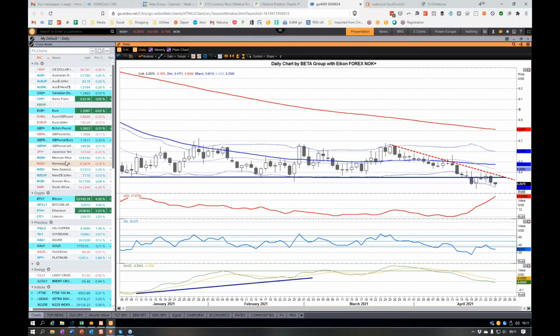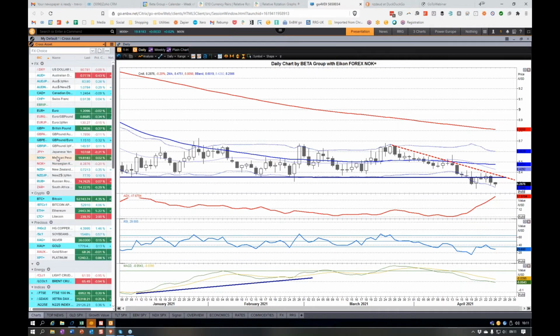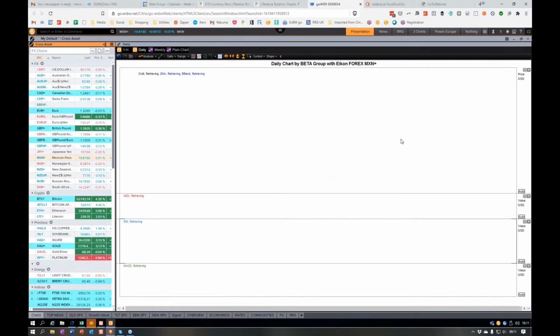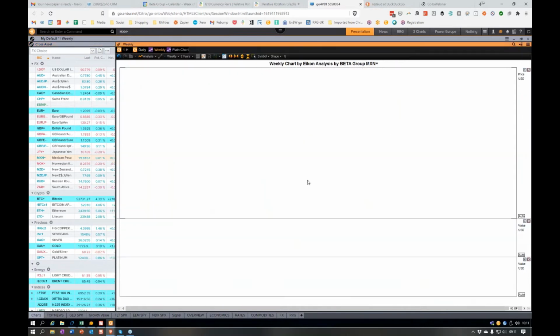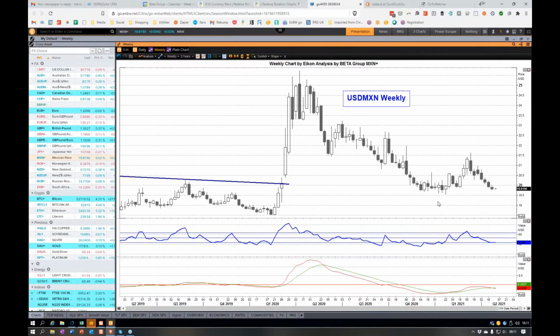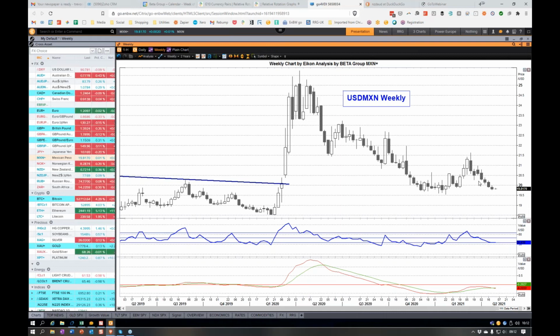So let's go now to the Mexican peso. Of course, the Mexican peso wasn't on my G10 RRG chart because it's not a G10 currency. But here, yes, very bearish chart here. So bearish US dollar, strong Mexican peso. We had this long run up, I remember that, and that was the last time I was really big on the rand and the Mexican peso.